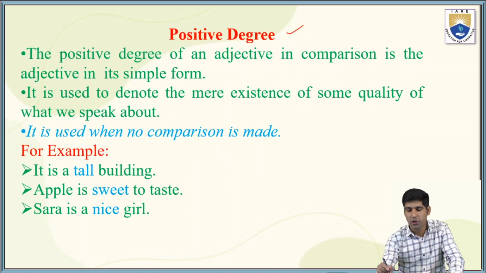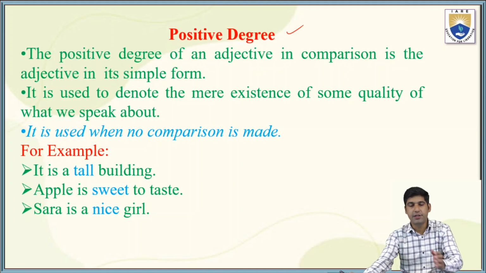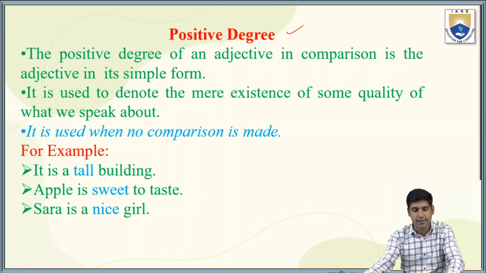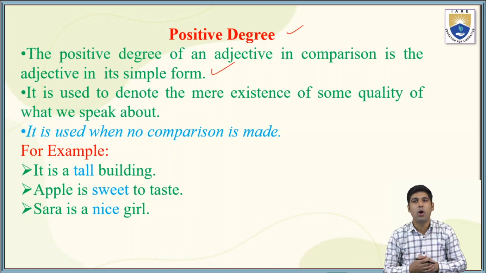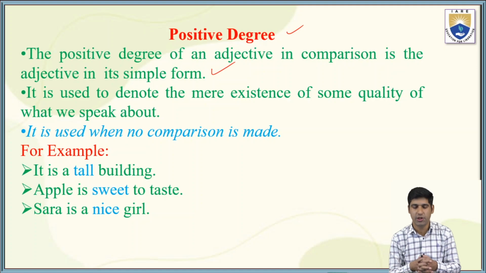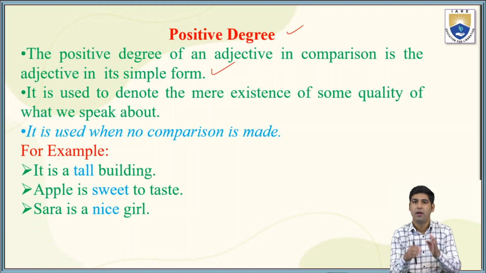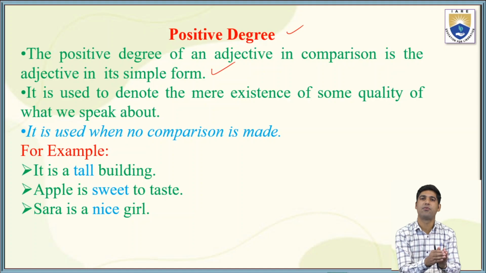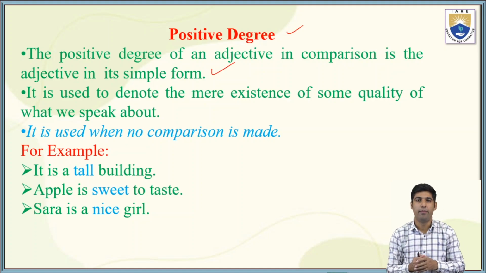Let's first talk about the positive degree. The positive degree of an adjective in comparison is the adjective in its simplest form. When we talk about the first form of an adjective, that's the positive form.